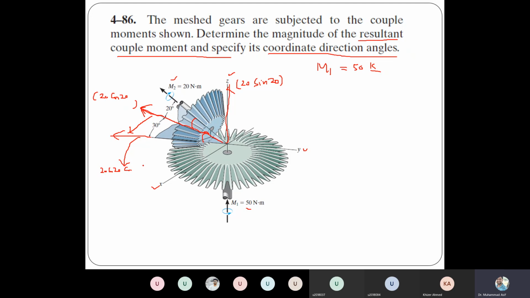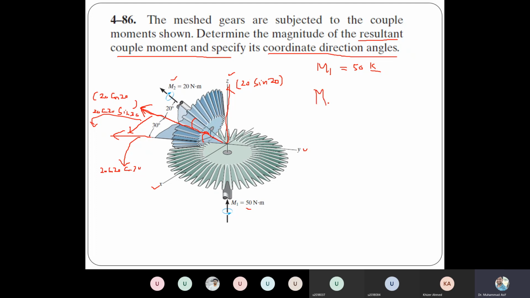Very nice. And what will be the value of the component along this direction, parallel to the x-axis? That will be equal to 20 cos 20 sin 30. Yeah, that's true. So now we have M2 in terms of ijk.